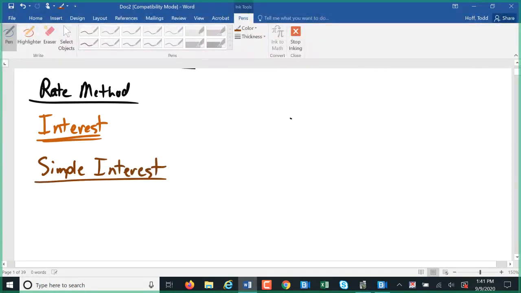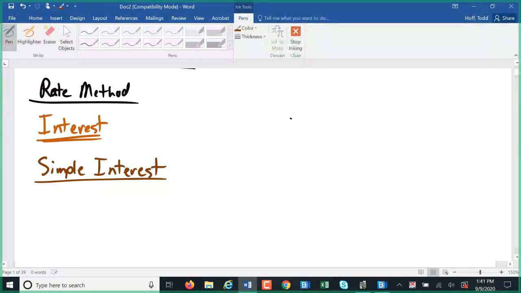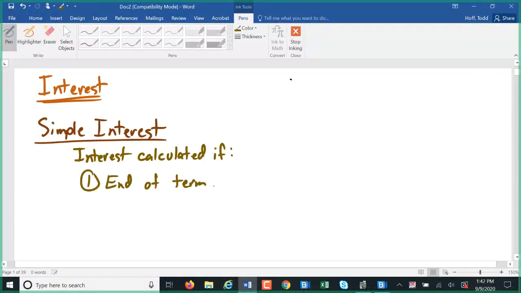Simple interest is called simple interest because it literally is the simplest way that interest can be calculated on a loan or an investment. In a simple interest situation, interest is only calculated if one of two things happen. One, the end of the term. It's a 6-month investment, you calculate the interest at the end of 6 months.